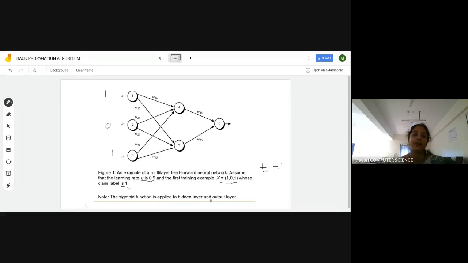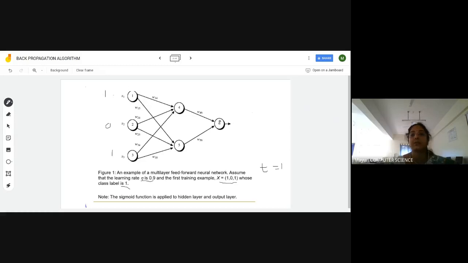All these are required. I'll explain the algorithm while I am solving the problem. One layer I have done; the only thing is how to apply the values based on the formulas. Now, the output you are calculating is not your actual output. Always you have to apply the sigmoid function. What is the sigmoid function?